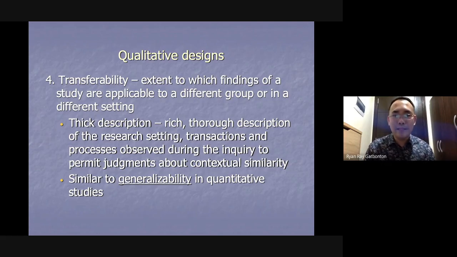Now, transferability can be achieved by keeping thick descriptions. So these are your notes, your description of your research setting, transactions and processes na nag-transpire during your research data collection process. And that you should have observed it during the inquiry to permit judgments about contextual similarities.